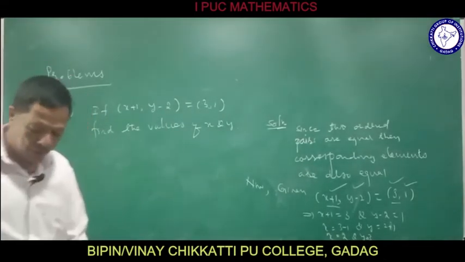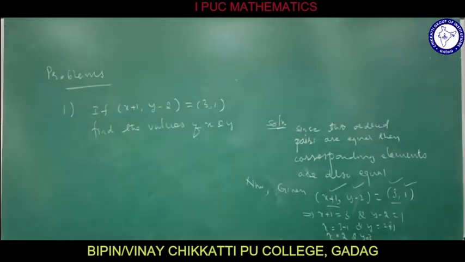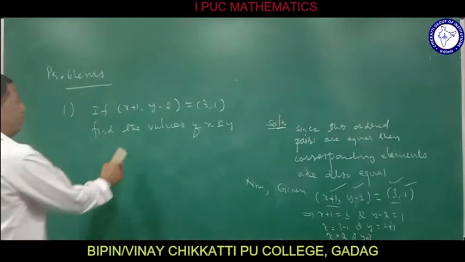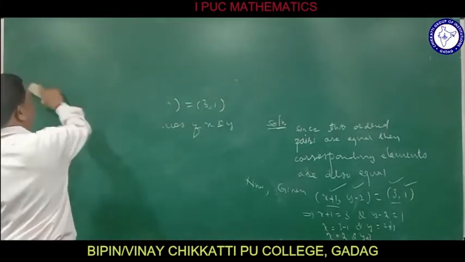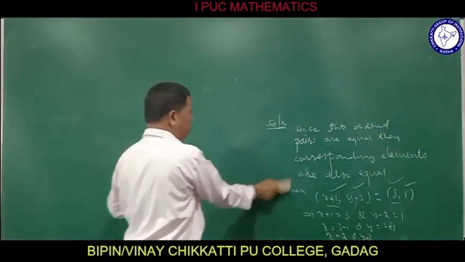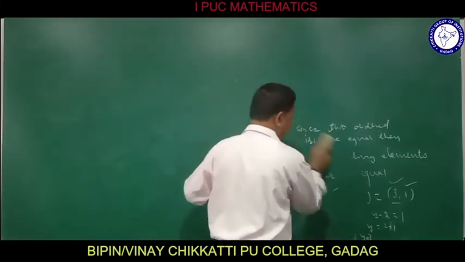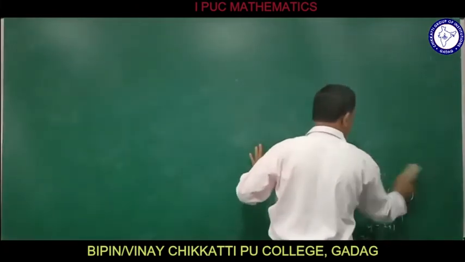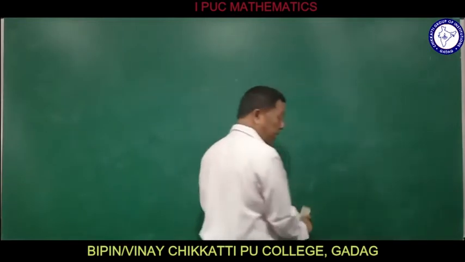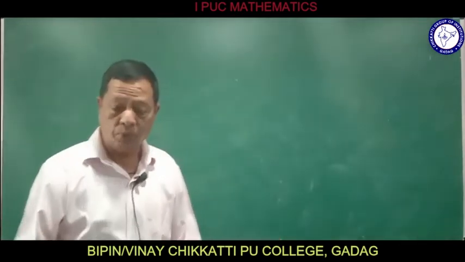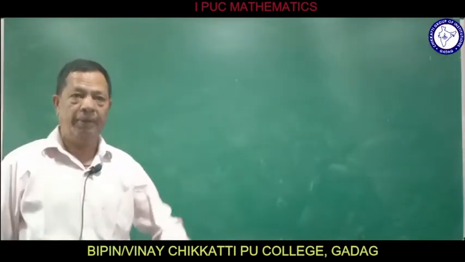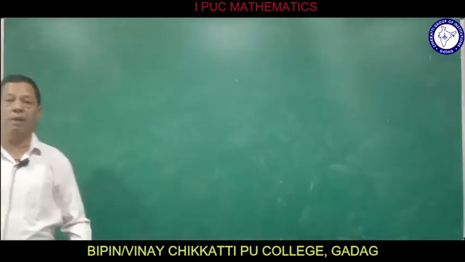Then what have we used here? Two ordered pairs are equal, and so we find the elements x, y here. So now coming to the second problem, you have to understand the theory we have used. When you say that two ordered pairs are equal, it is if their corresponding elements are equal.